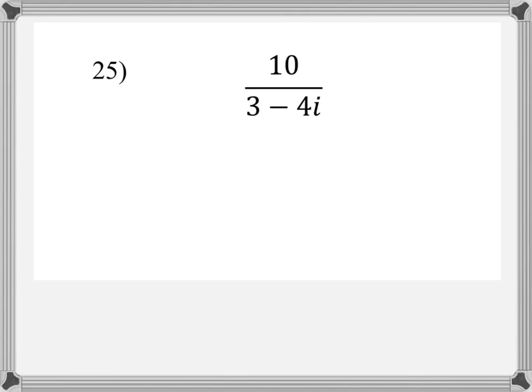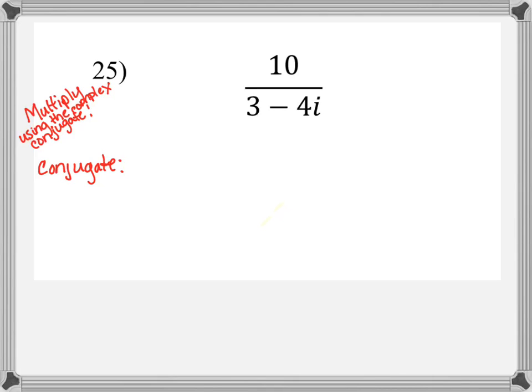Okay, let's look at a division problem. Here we are dividing 10 by 3 minus 4i. So with complex numbers, in order to divide, we will end up multiplying using the complex conjugate of the denominator. So in the denominator, we have 3 minus 4i.